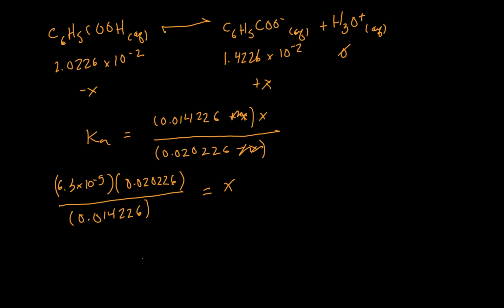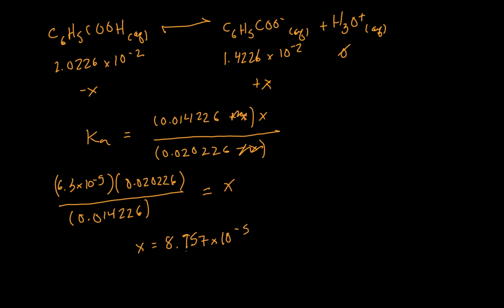So I have x equal to 8.957. Oh, sorry. Those don't look anything like they were supposed to. It's even worse. 8.957 times 10 to the negative 5.